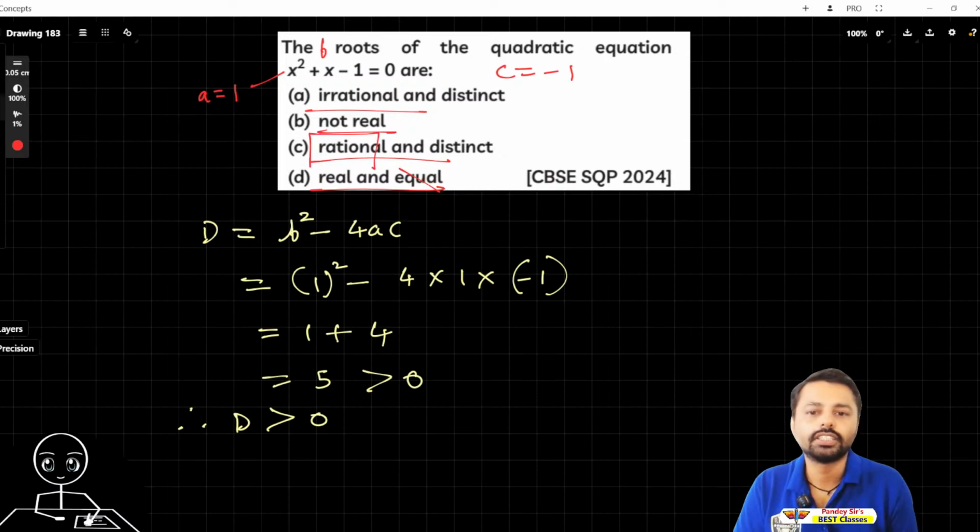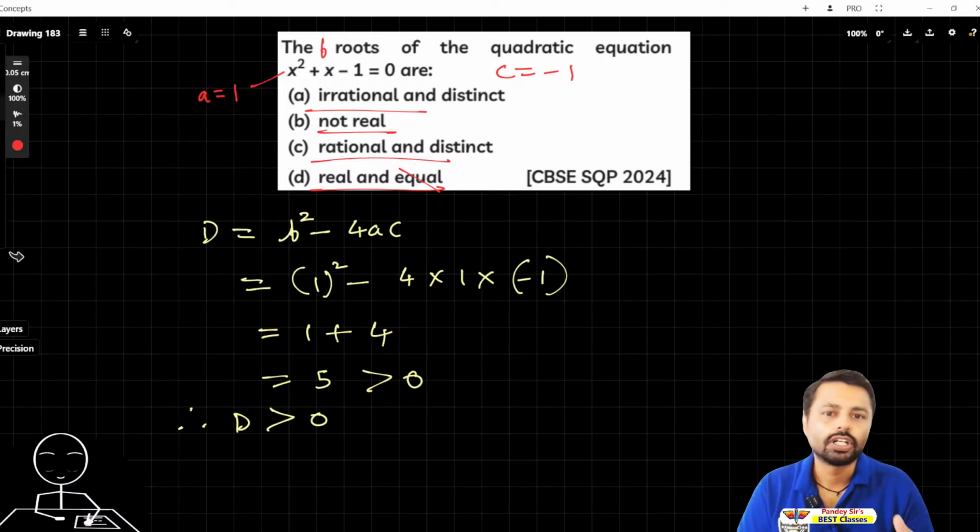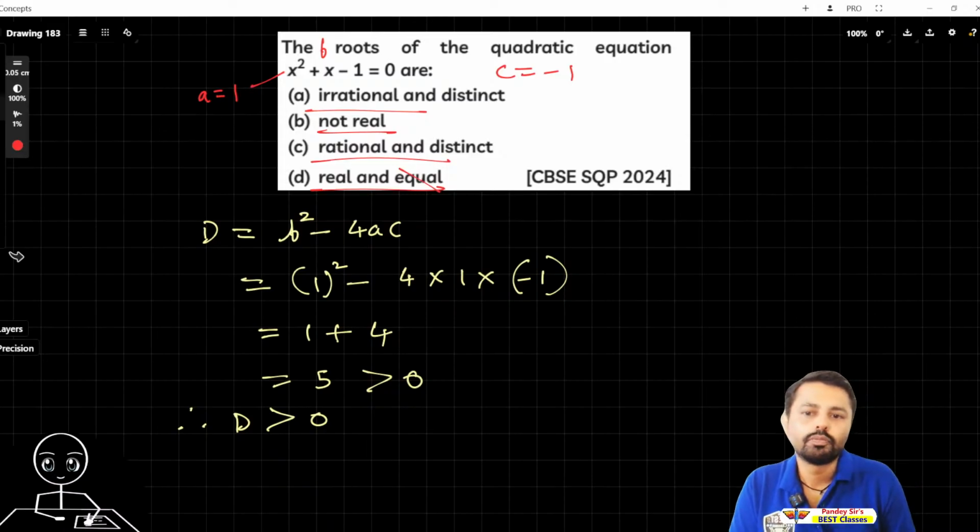Here, rational and distinct. Rational means numbers like 1, 2, 3, 4, integers, fractions like 1 by 2. Those are rational numbers, but this is not a rational number. Not real, no, it's wrong. Irrational, yes. Irrational and distinct, that's the correct one.